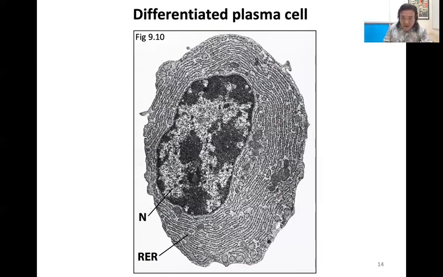So therefore, it almost rededicates its entire structure to just becoming a massive, massive ball of rough endoplasmic reticulum so that it can pump out, right, hundreds upon hundreds of thousands of individual antibody molecules every minute. Right? And so inside the nucleus, right, the recombined immunoglobulin loci are busy being transcribed, right?